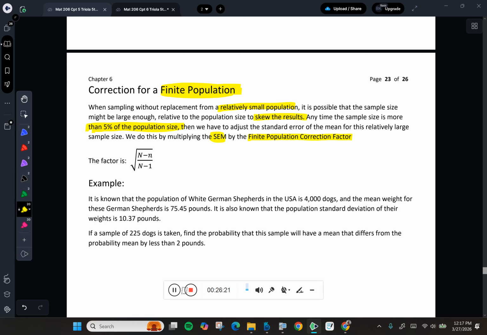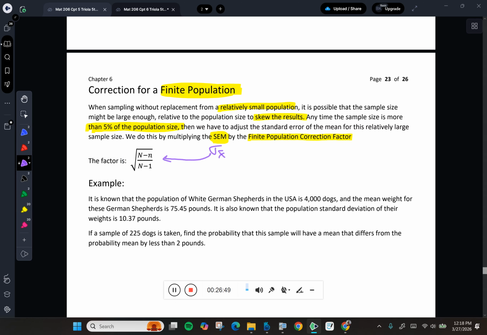So the standard error on the mean, SEM, that's our sigma sub x bar, has to be multiplied by that right there. Technically, it's always being multiplied by that, but when your sample size is small compared to your population size, this fraction is so close to 1 that it doesn't affect the results.